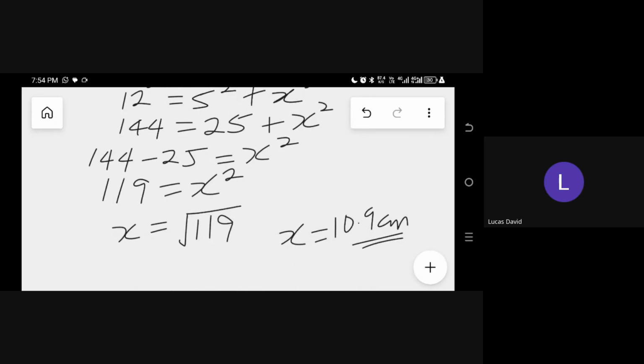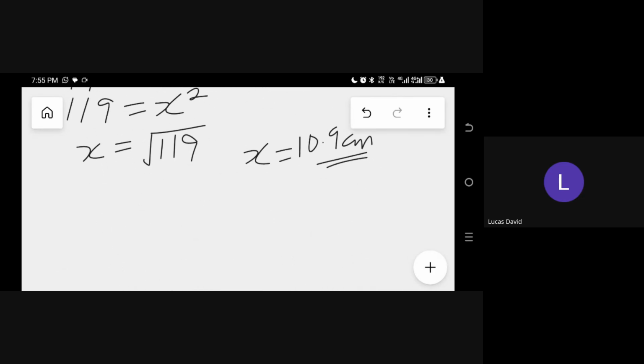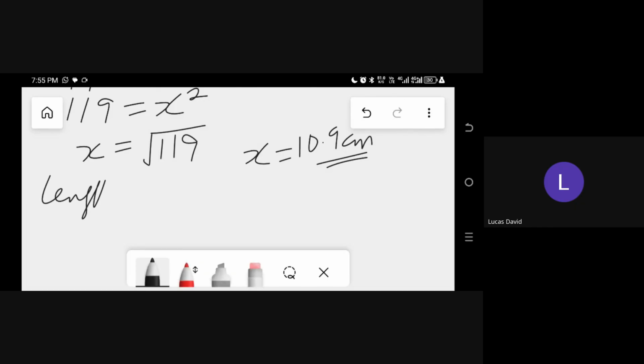Then to get the final result, the length of the chord is equal to, just like Lillian said, 10.9 plus 10.9, and you get 21.8 centimeters.